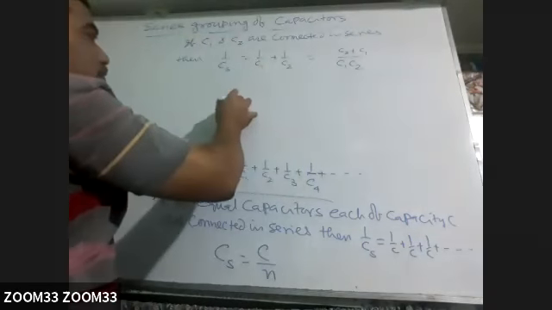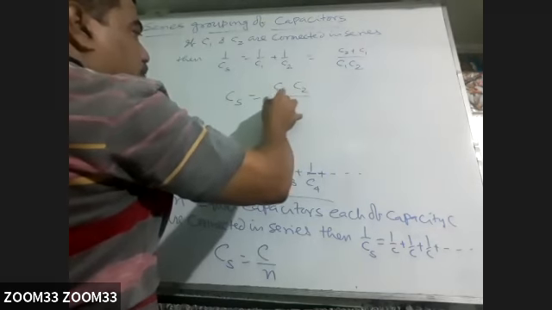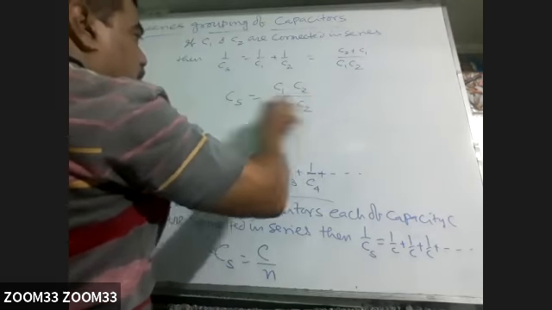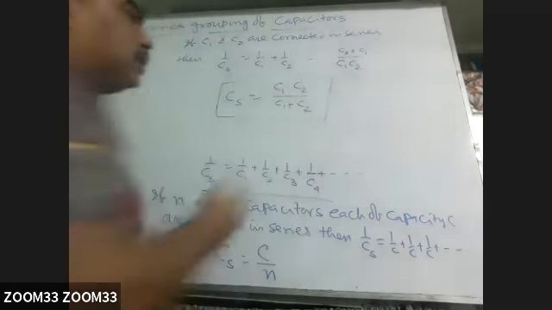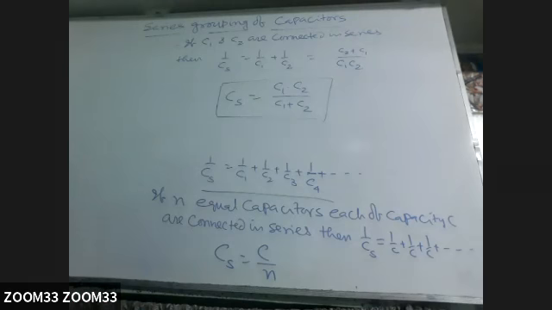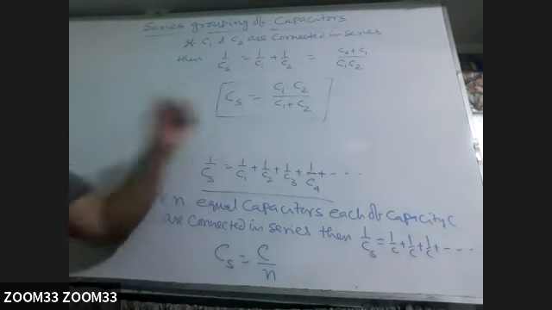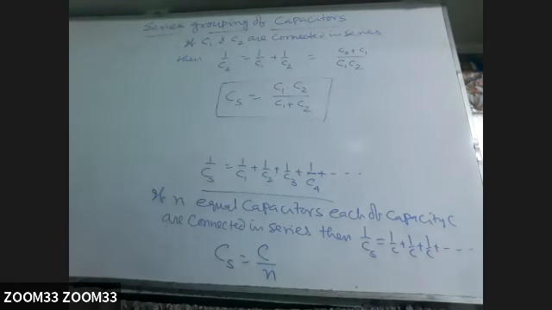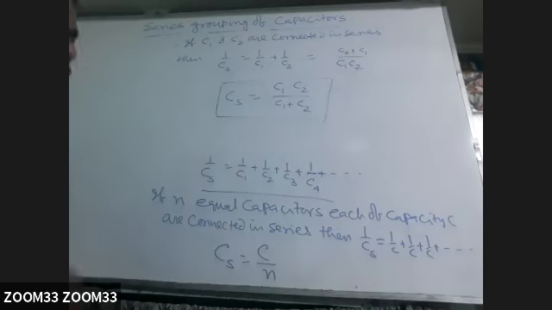So frequently we use this formula: C1 into C2 by C1 plus C2. For 2 capacitors, as in class 10 we have done for 2 resistances in parallel, we use R1 R2 by R1 plus R2. So same way here, when 2 capacitors are connected in series, then frequently we use this formula. We will not use the other way.